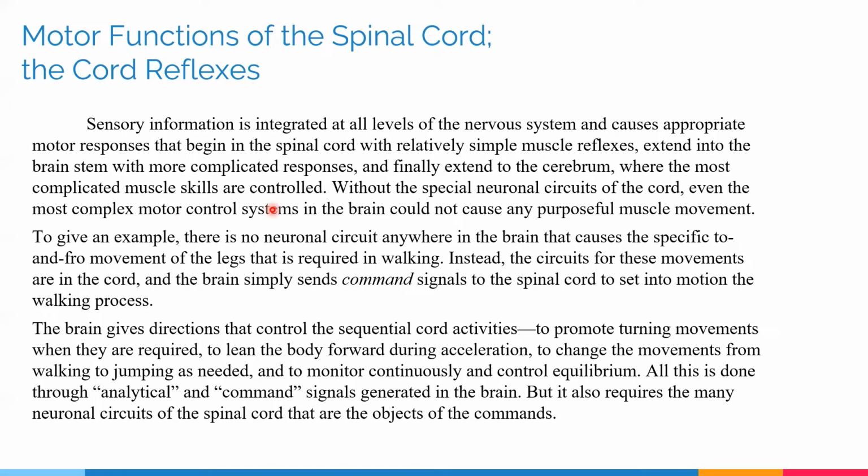This is similar to what we have already seen in the sensory neurophysiology part, where there is also a hierarchy of the spinal cord, the hindbrain, and the cortex. Without the special neuronal circuits of the cord, even the most complex motor control systems in the brain would not cause any purposeful muscle movement.